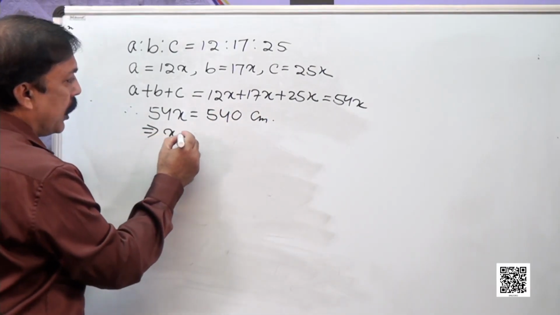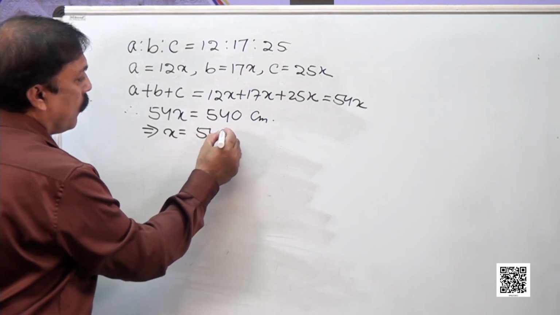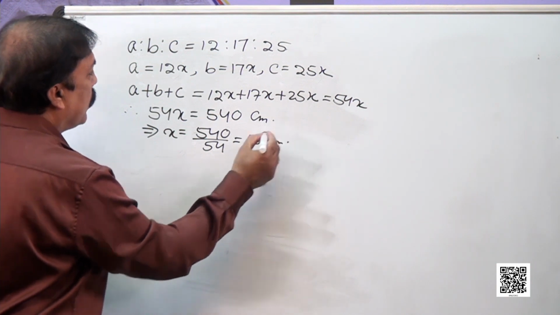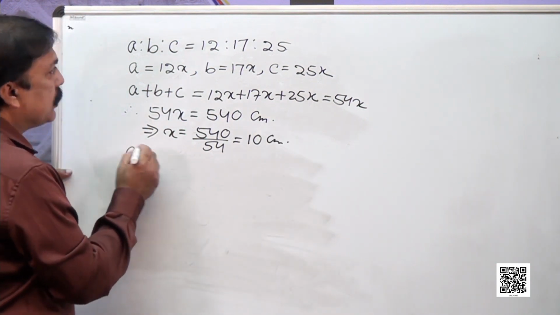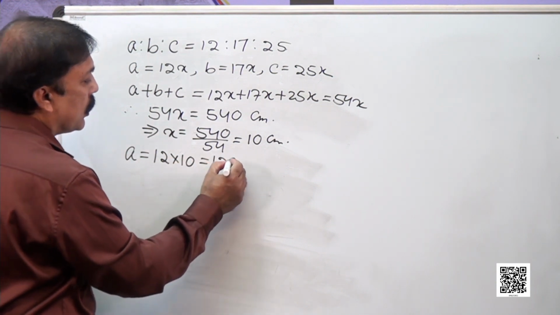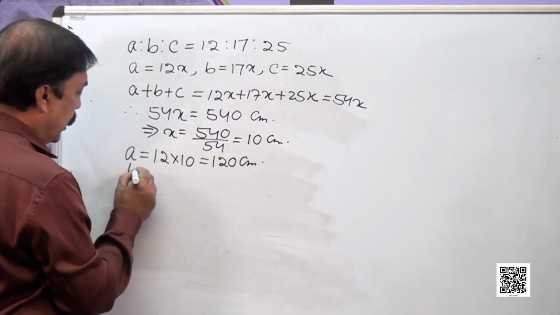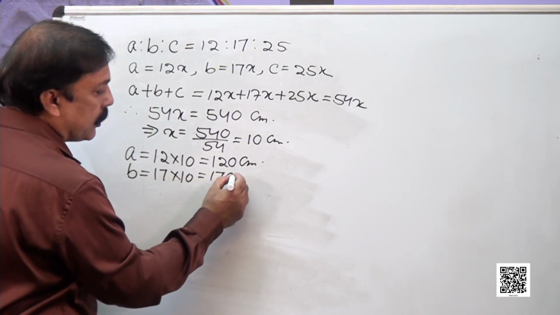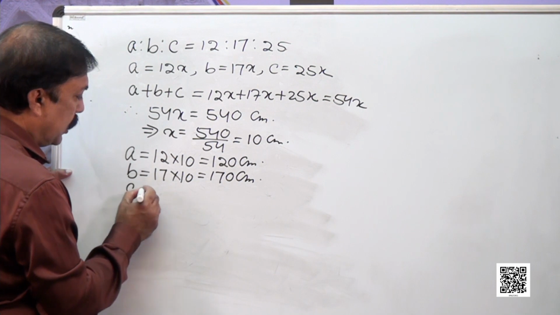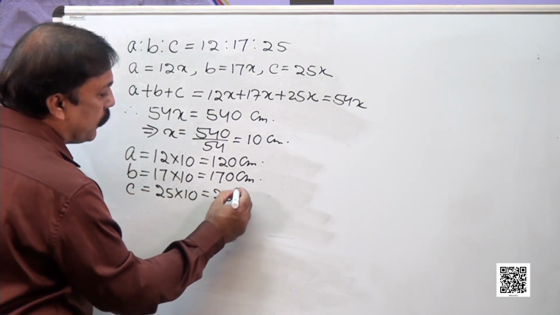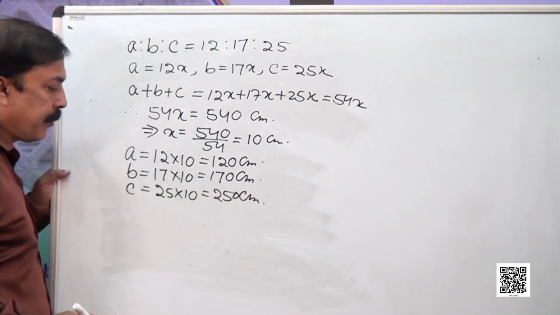This gives x equal to 540 by 54, that is 10 centimeter. Hence, A is equal to 12 into 10, that is 120 centimeter. B is equal to 17 into 10, that is 170 centimeter. And C equal to 25 into 10, that is 250 centimeter.